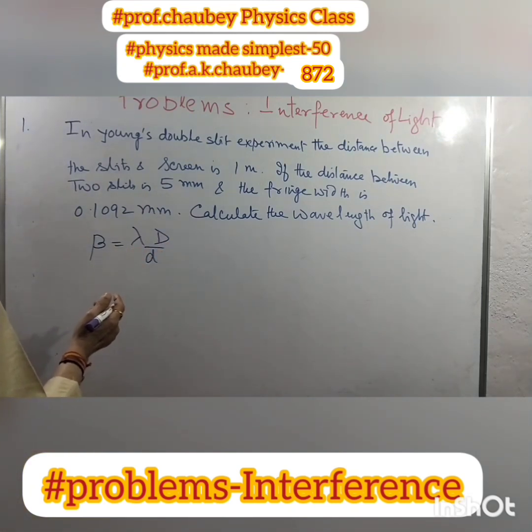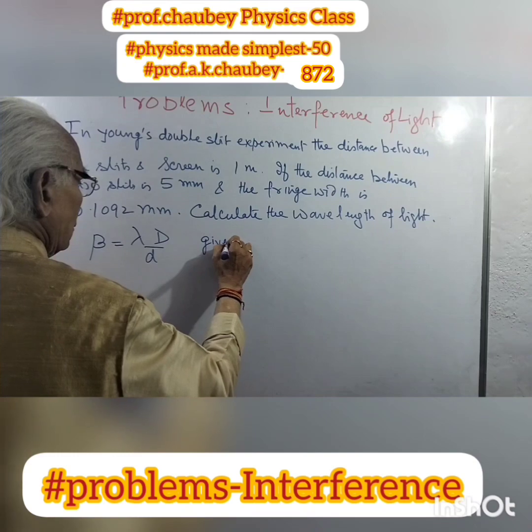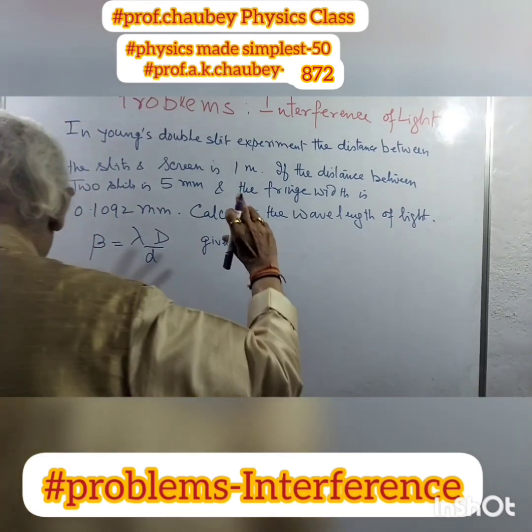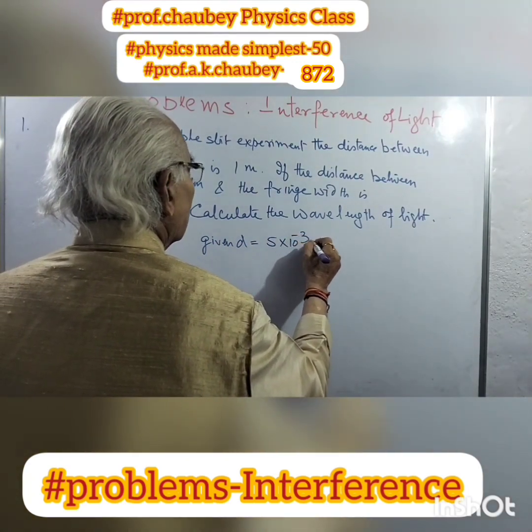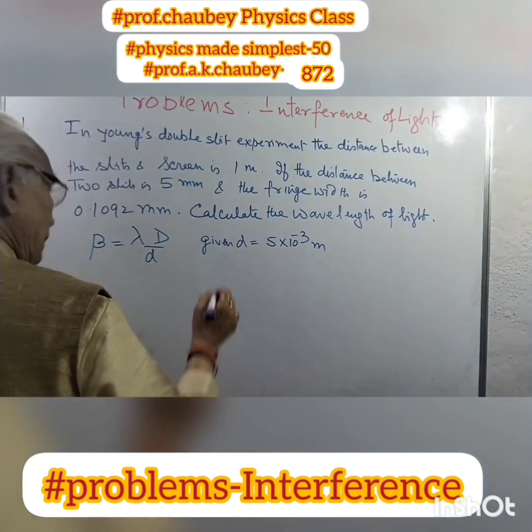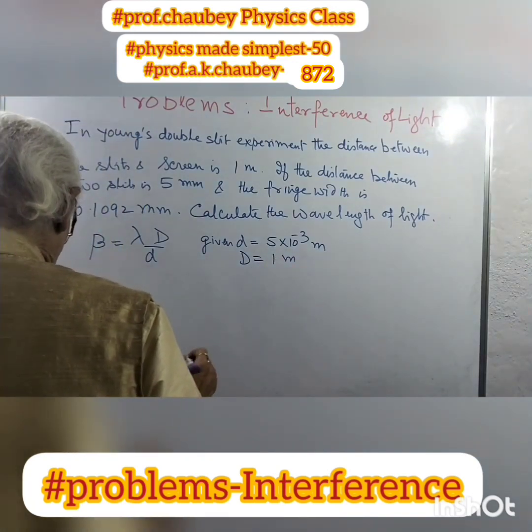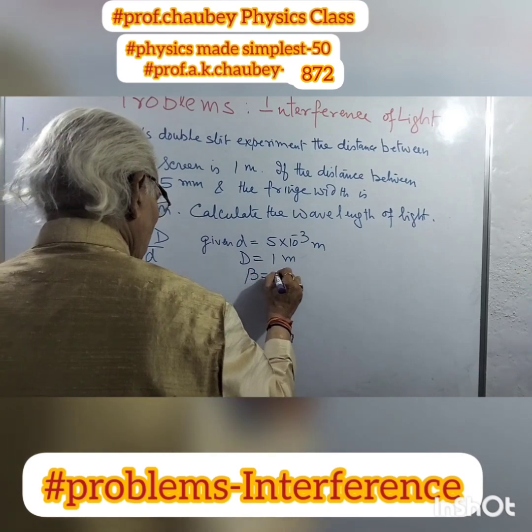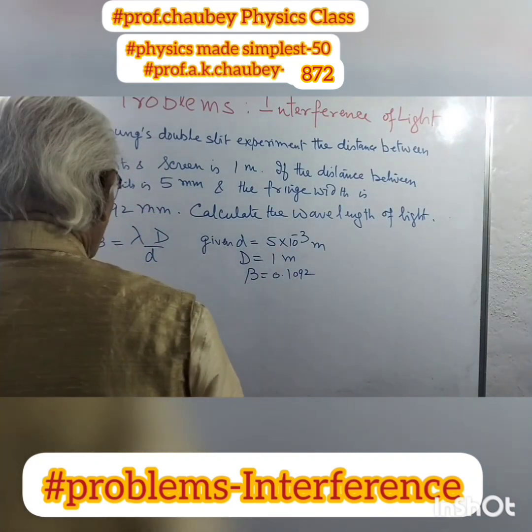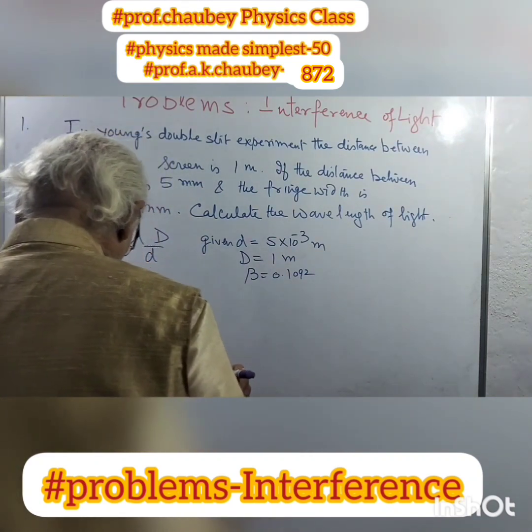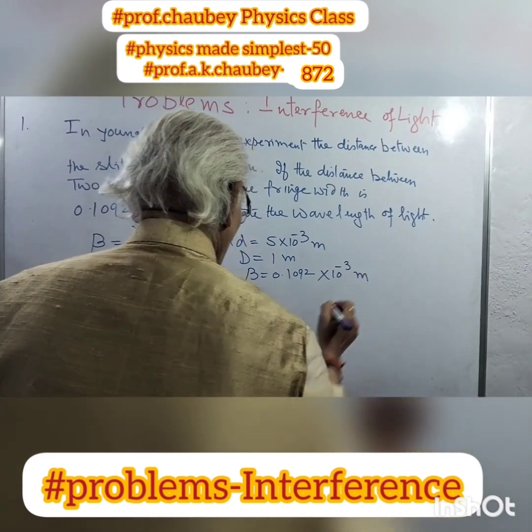Here in this question, small d, the slit distance, is 5 into 10 to the power minus 3 meter, capital D is equal to 1 meter, and beta is 0.1092 millimeter, so into 10 to the power minus 3 meter.